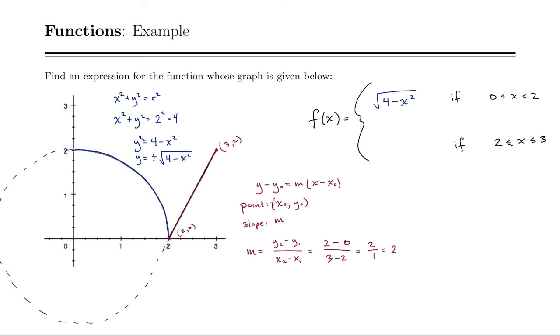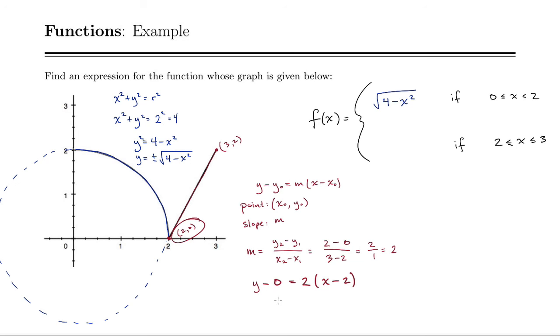So now we can plug this all into our equation. I'm going to use this point, 2, 0. So I have y minus 0 equals, and then m, which is 2, and then x minus 2. And now we can simplify this.